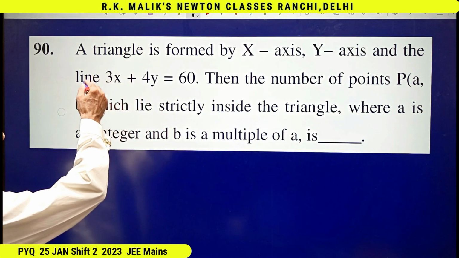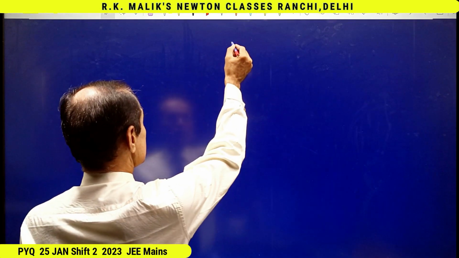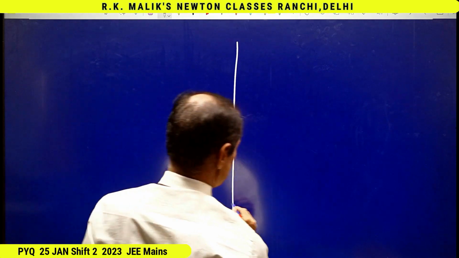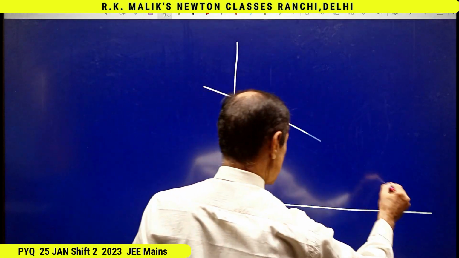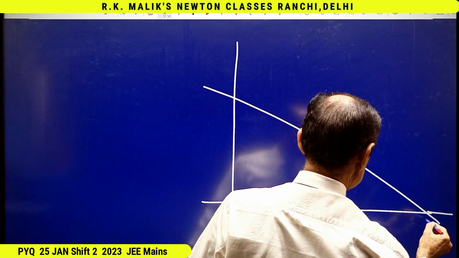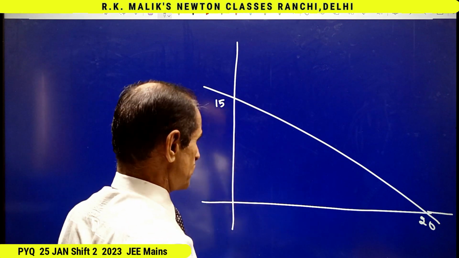First of all, I draw the graph of 3x plus 4y equal to 60. This is 20 and this is 15.